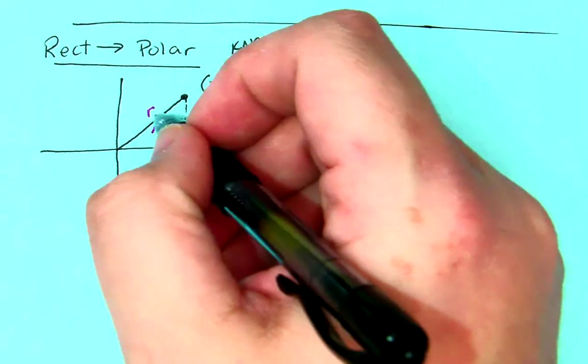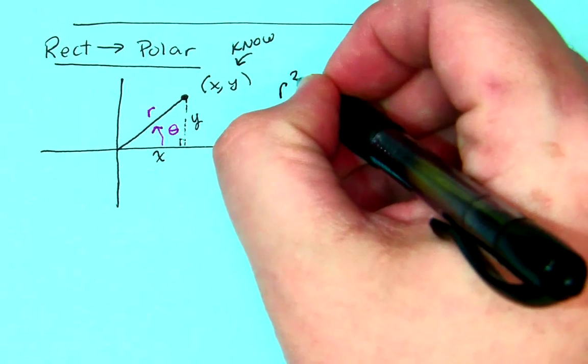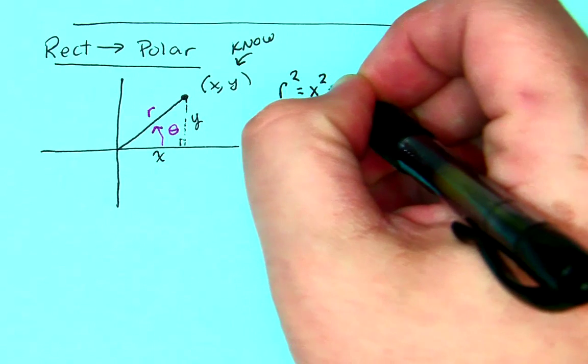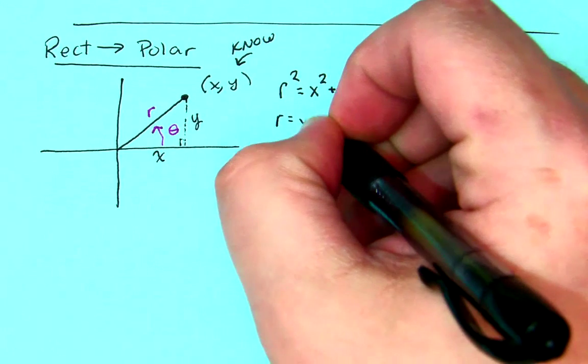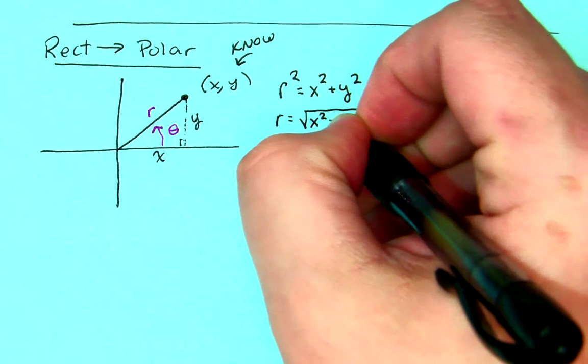I have x squared and y squared, r squared. r squared is equal to x squared plus y squared, just from the Pythagorean theorem, so r is equal to the square root of x squared plus y squared.